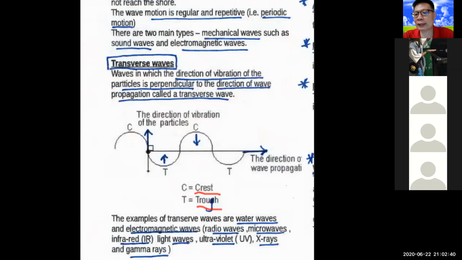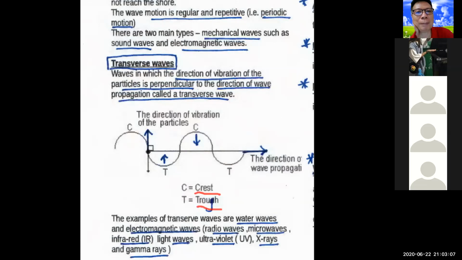And my second question here, very simple one, don't worry. Cheris, are you here? Yes, sir. Cheris, what is crest? The crest is the maximum positive point of displacement.